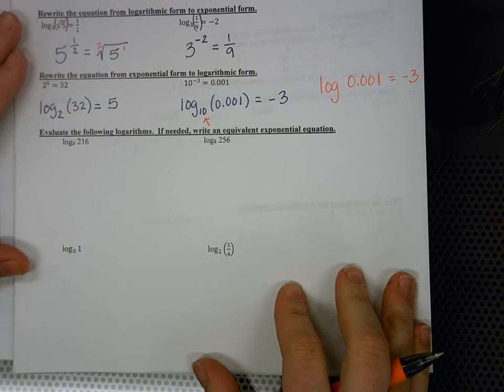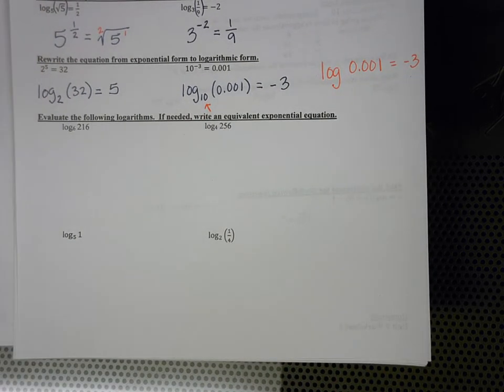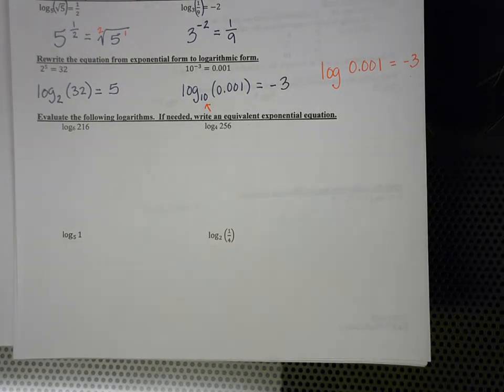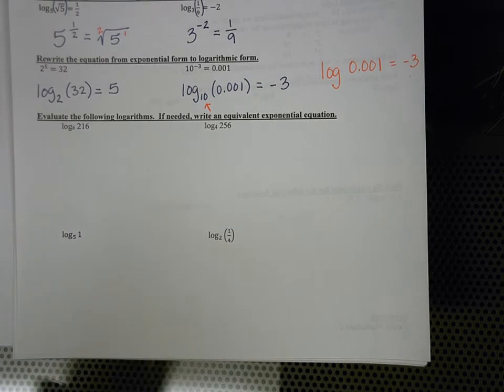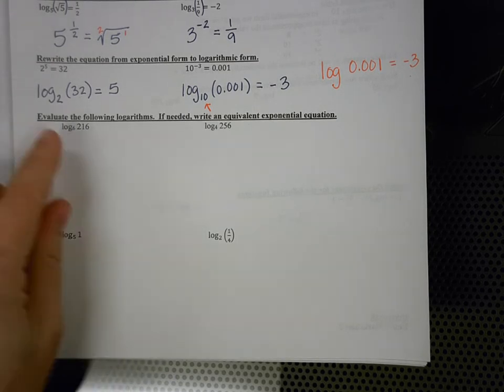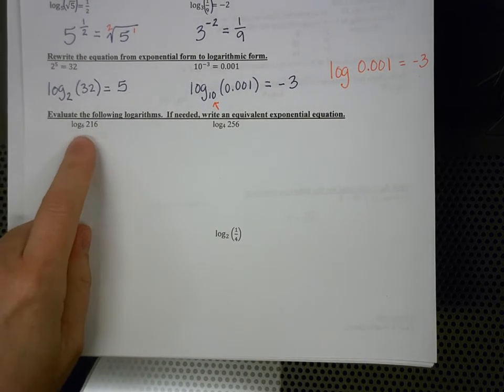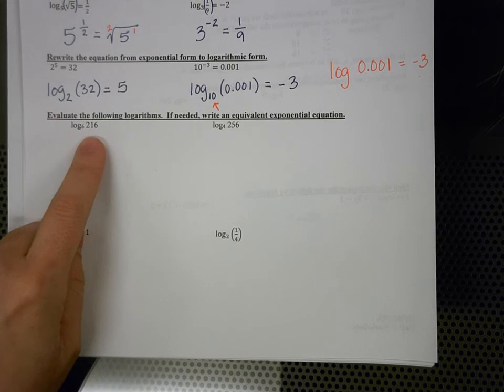Evaluate the following logarithms. If needed, write an equivalent exponential equation. We're going to go ahead and write the exponential equation every single time. It's good practice. So remember that these are what power questions. It's saying, what power do you raise 6 to get 216?